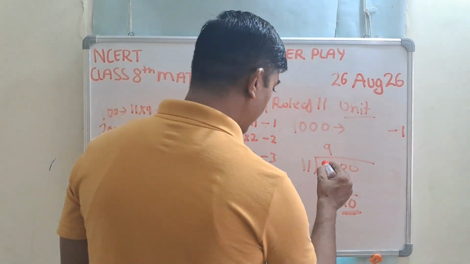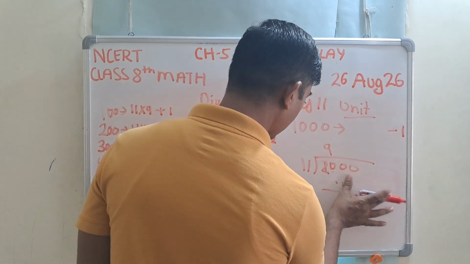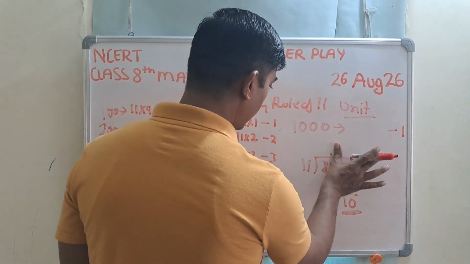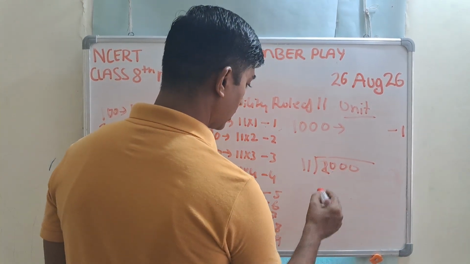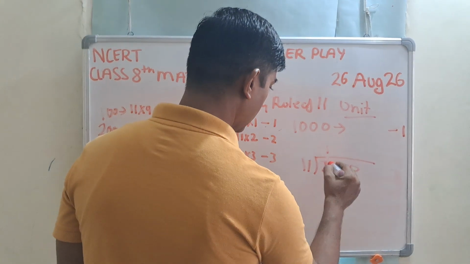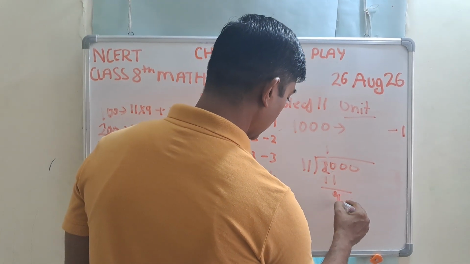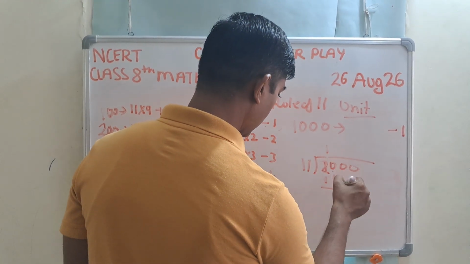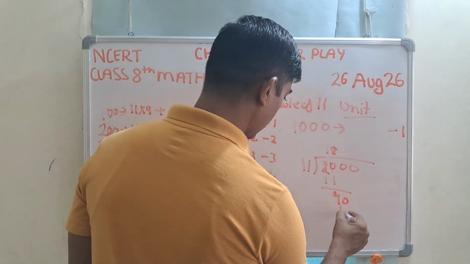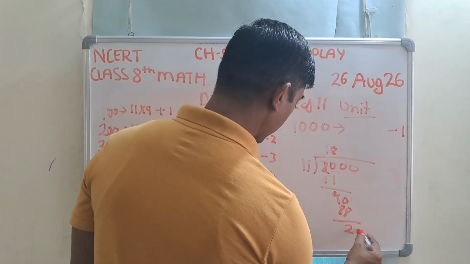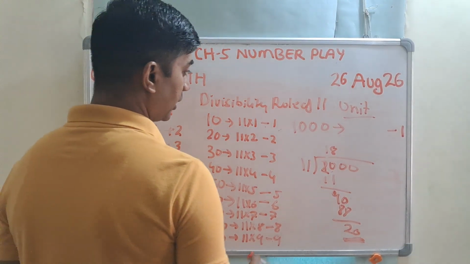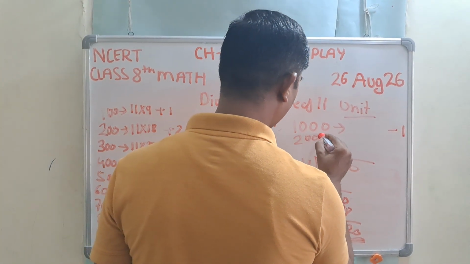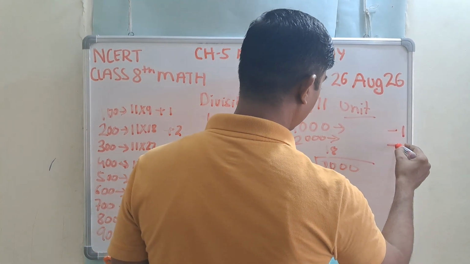And if you divide this 2000, how will you divide this 2000? Now your remainder is 20, and when your remainder is left 20, in case of 2000, you have what?